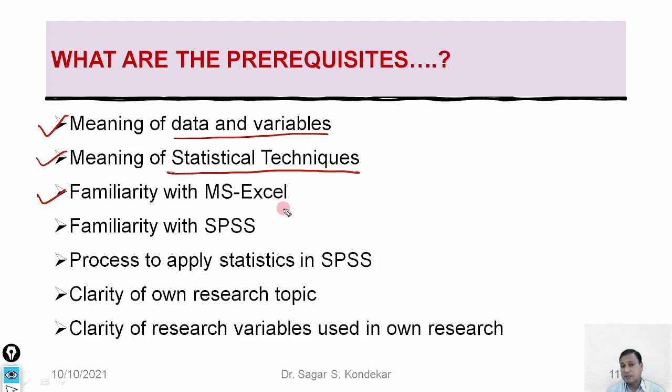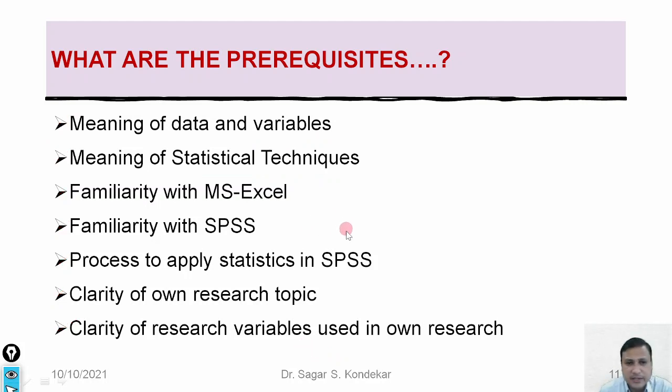The researcher should be familiar with MS Excel. The researcher should be familiar with SPSS. The researcher should know the process to apply statistics in SPSS. Then there should be clarity of our own research topic, and clarity of the research variables used in our own research.